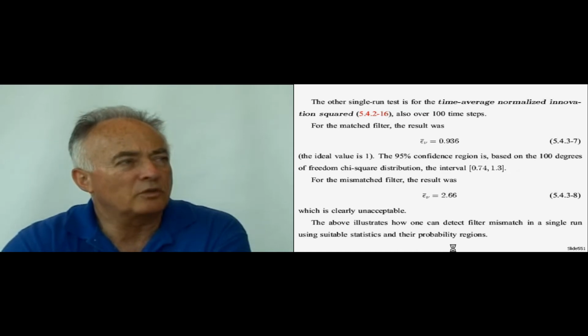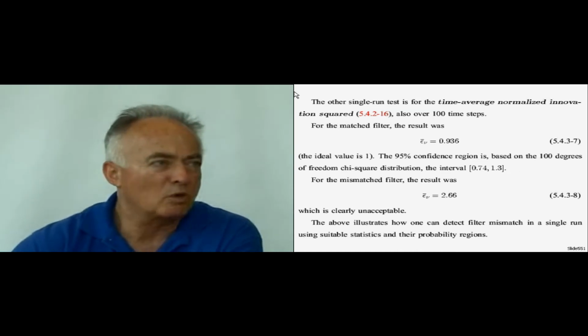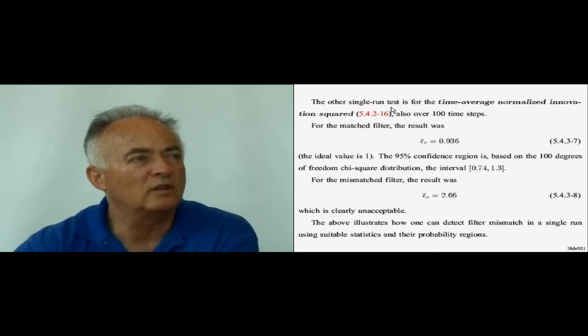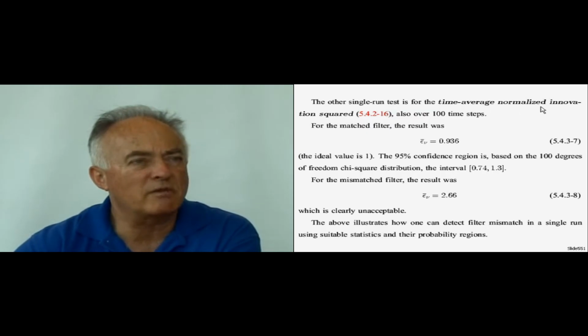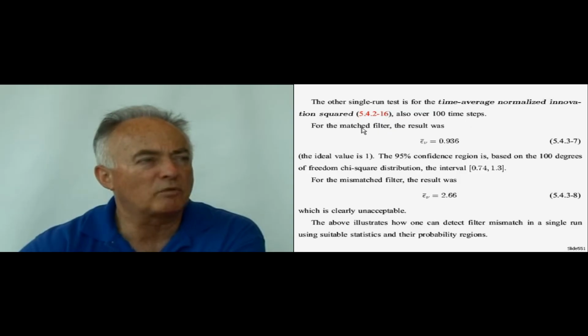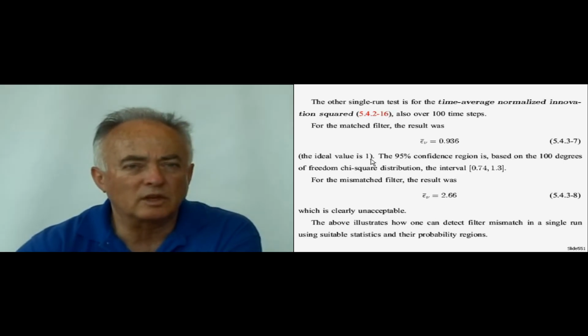The other quantity of interest that can be obtained from a single run is our test for the time average normalized innovation squared over 100 time steps. If we use the matched filter, the result is 0.936, while the ideal value is 1. Again, you'll never get the ideal value. When it's 1, you don't get 1.